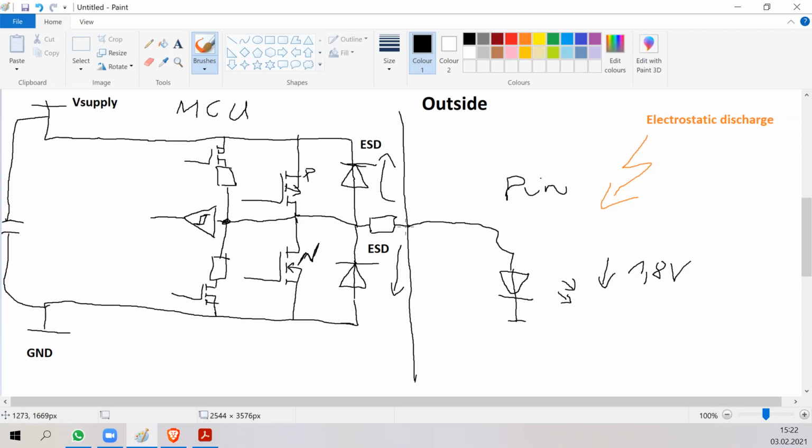And now another thing that we need to remember is the second meaning of these electrostatic discharge diodes. So they are simple diodes. Normally, they don't conduct any electricity, but let's say that we have a supply voltage, for example, 3.3 volts.